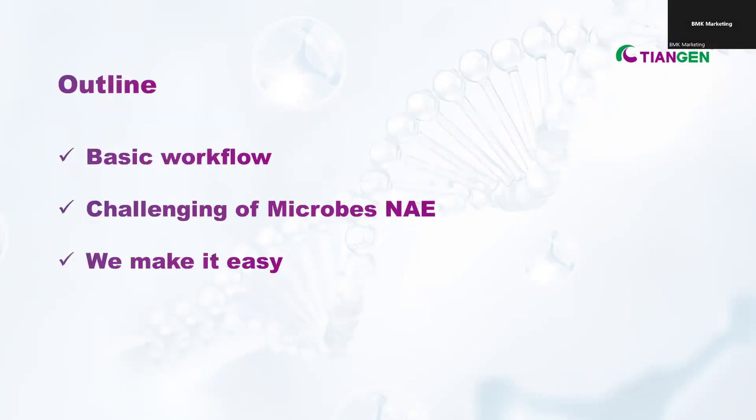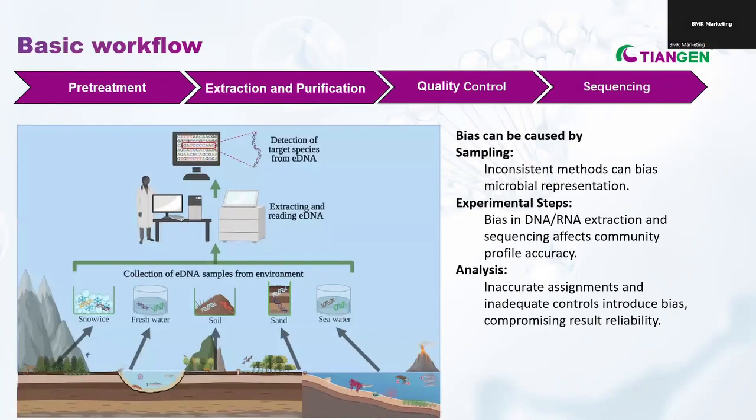So here is the outline. We're gonna start from the basic workflow. Genome sequences are usually included in the basic workflow in recent years since it is more informative and helps elucidate the function and the role of microorganisms in their environmental community deeply. While the science behind environmental DNA research is complex, the actual workflow of collecting and testing a sample is relatively simple.